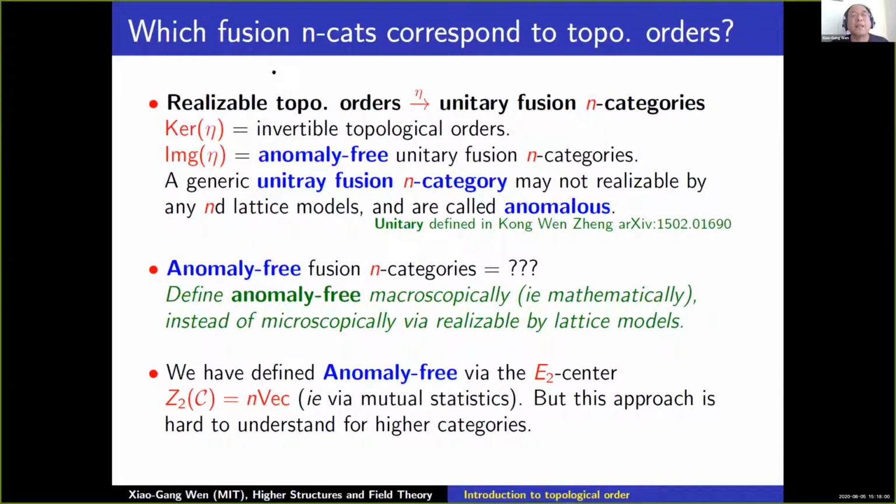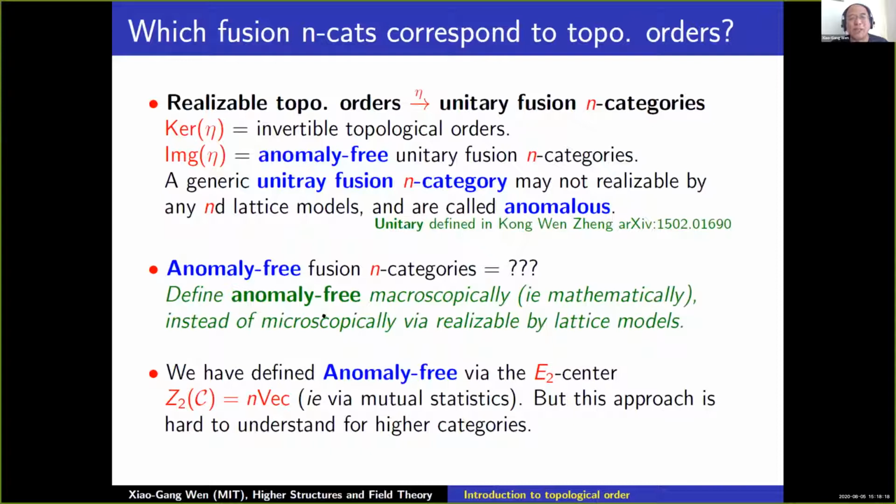Actually, when I say realizable, I'm using the so-called microscopic definition, using a lattice model to define realizable. But when you try to find a subset, we are looking for some macroscopic properties which can apply to fusion n-categories.